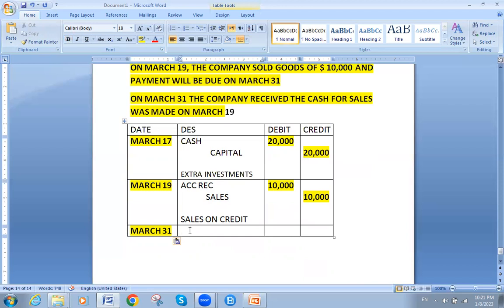So here, what happened? Actually, when we receive the cash, because we will receive the 10,000, the cash is a debit. Increase in an asset will make it debit. So cash will be debit here into what? Into account receivable. Why?